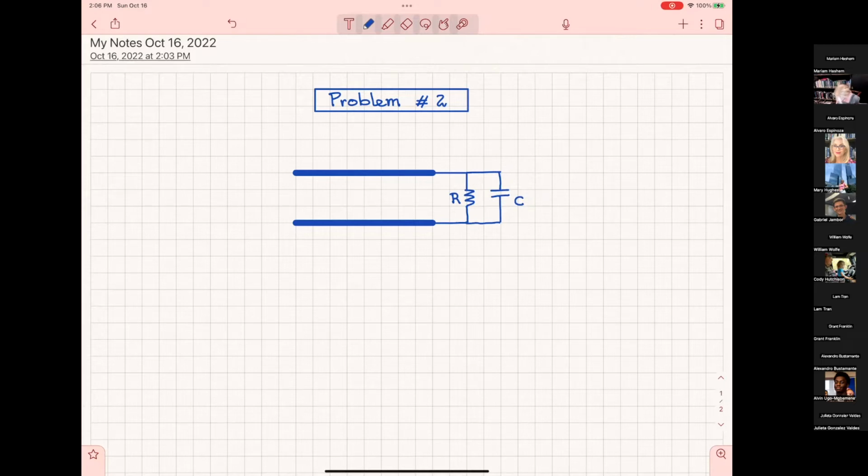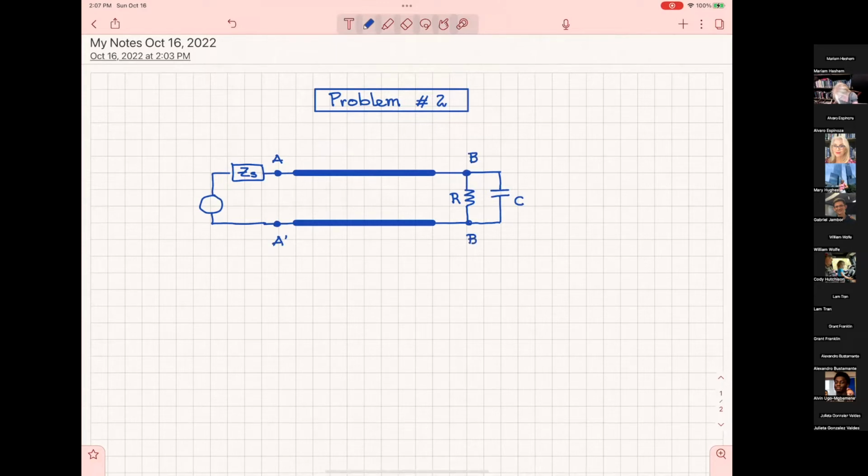And then on the front end it is connected to a source with an internal impedance Z sub S, and the source is V sub S. Here I will put A prime, and then I'll put B prime, all right?